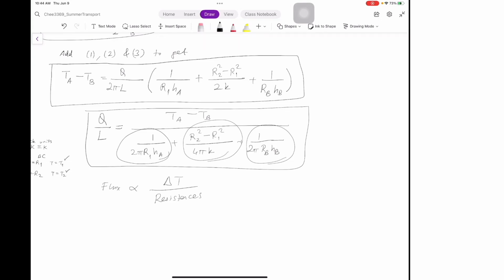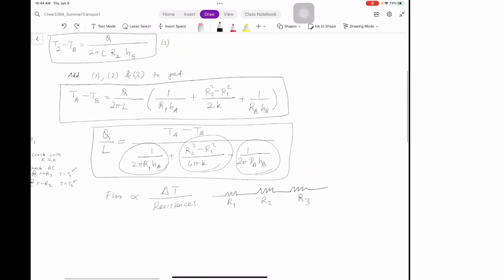So you can actually add those resistances, and you can show this as like sum of the three resistances, R1, R2, R3. This is your R1, this is your R2, this is your R3. Okay, in terms of the electrical analogy. Okay, so that's it.